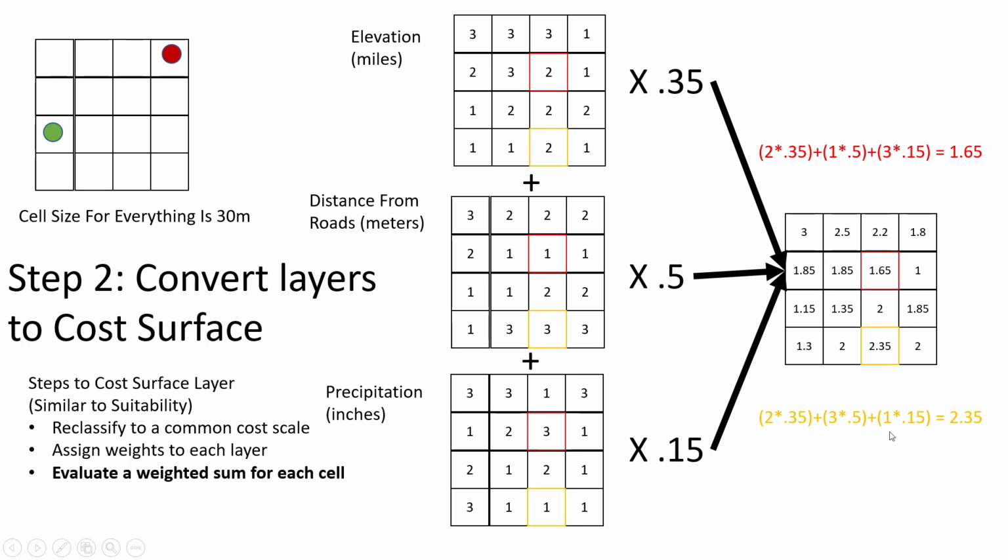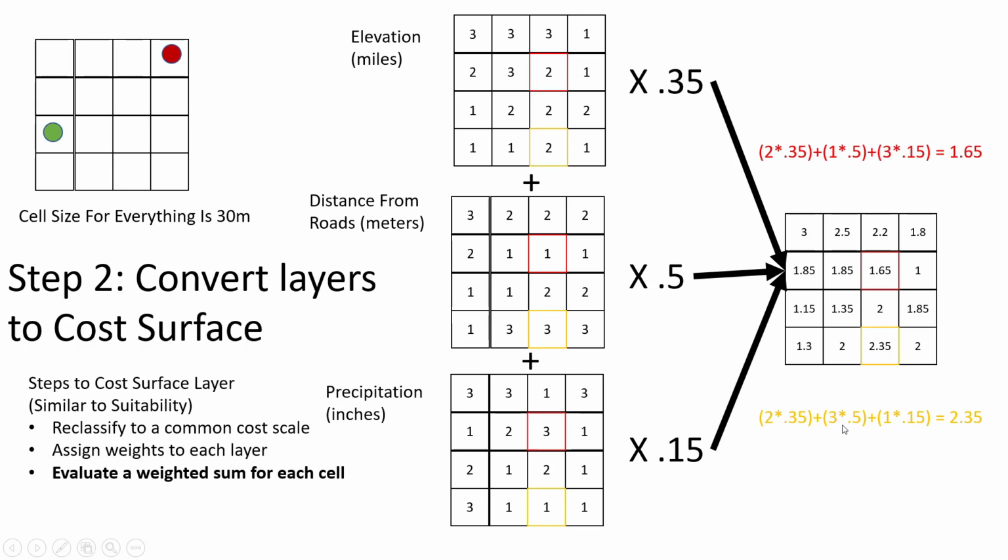If we do the math on that, we get 2.35. And what I want you to realize is even though we had the same cost values, 2, 1, 3, 2, 3, 1, by changing the order, we applied the weights to different values. In this case, the 0.5 weight is being applied to 3, as opposed to here, the 0.5 weight is being applied to 1.